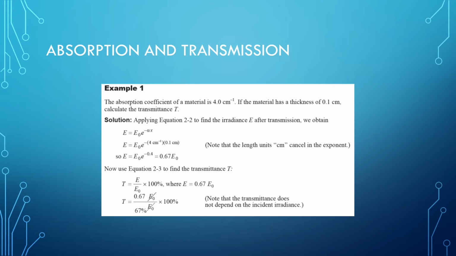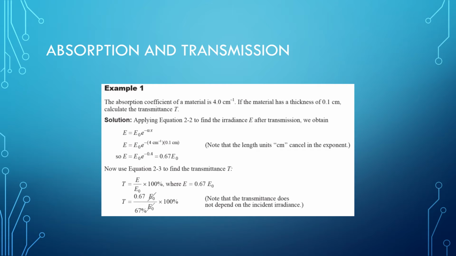It tells us the absorption coefficient of a material is 4.0 per centimeter. If the material has a thickness of 0.1 centimeter, calculate the transmittance. We're going to use equation 2-2, which says that E is equal to E0 times e to the minus alpha x.